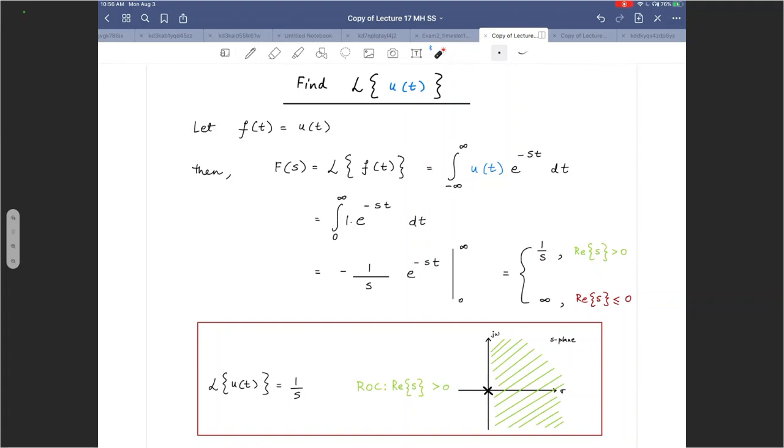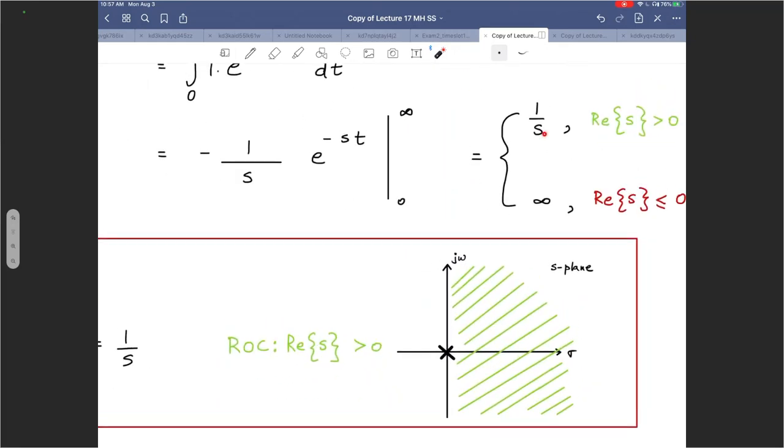And if the real part of s is less than 0, you will have a negative multiplied by another negative over here, which will correspond to e to the positive exponent. And of course, time is positive here, so that will make it grow with time, and the integration will not be finite.